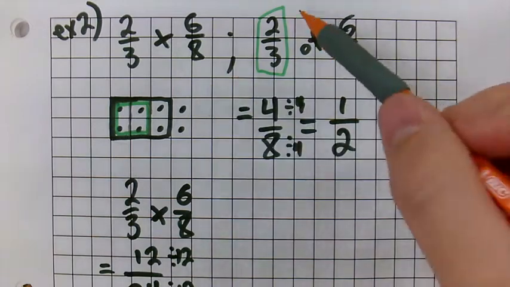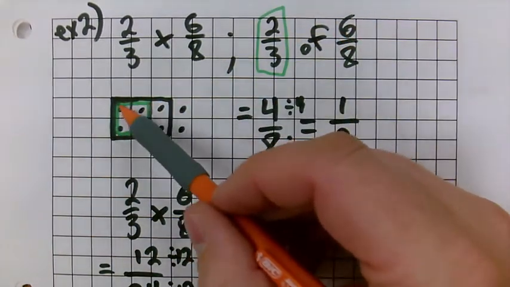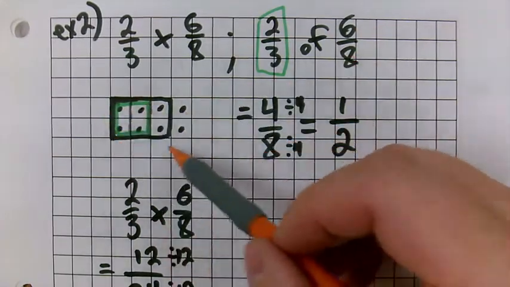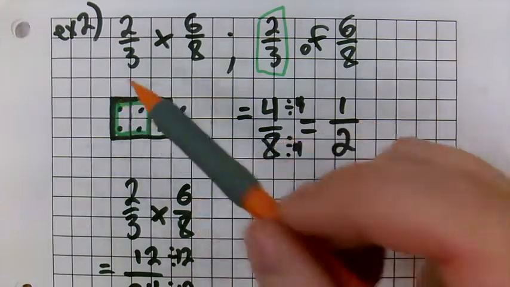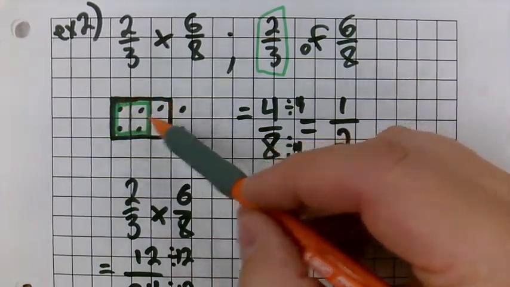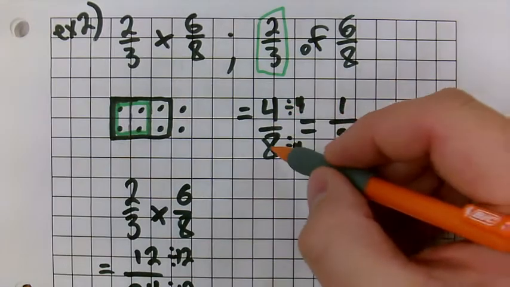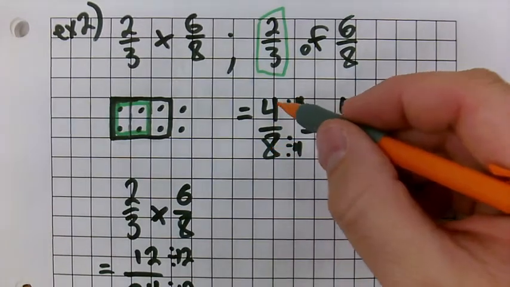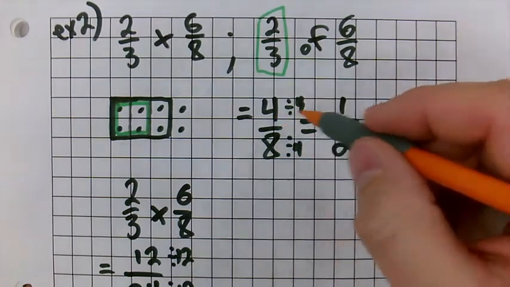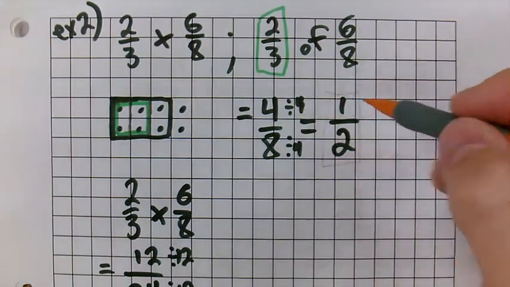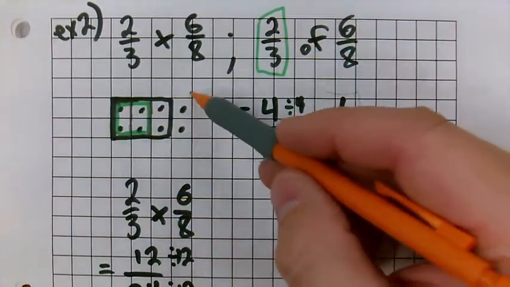And if we count that, 2/3 of 6/8, now how much is this of the 8 pieces? Well, 2/3 of the 6 is 4 of the 8. So we found out that it's 4/8, which if we look at that, 4 divided by 4, 8 divided by 4, they both divide by 4, we can make an equivalent fraction of 1/2. So we find out that 2/3 of 6/8 is actually 1/2.